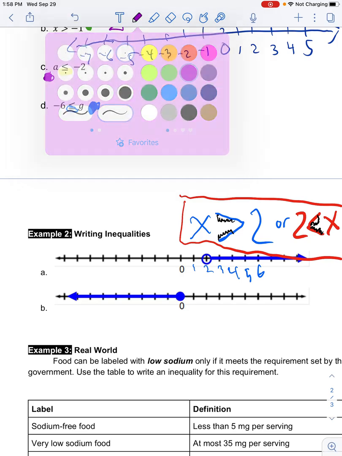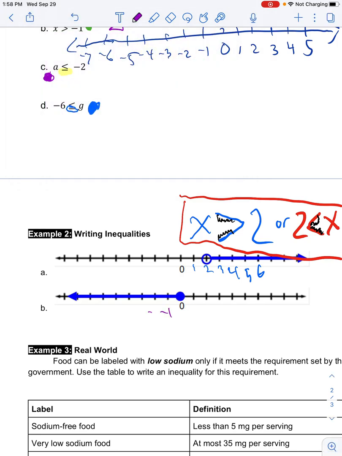Question B, it says 0. Again, -1, -2, -3, -4. These numbers are getting smaller, but I have a closed circle. So I could say that X is less than or equal to 0, and I've got to have this line down here because it's a closed circle.